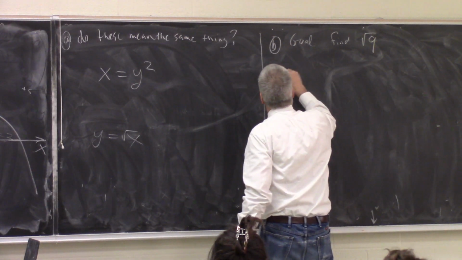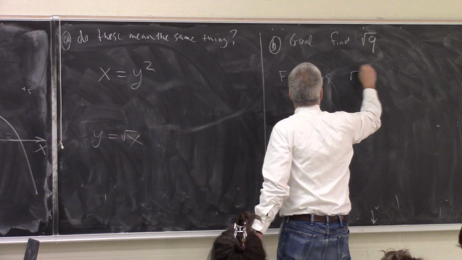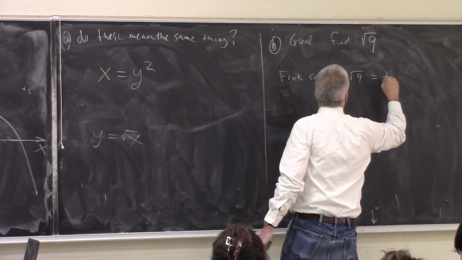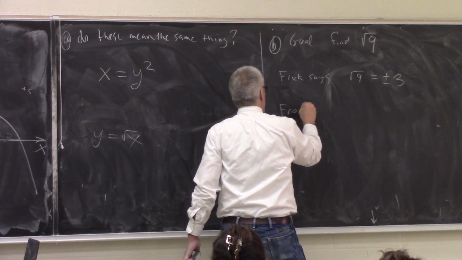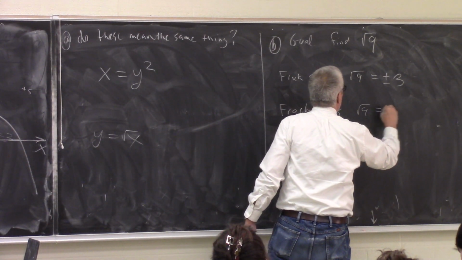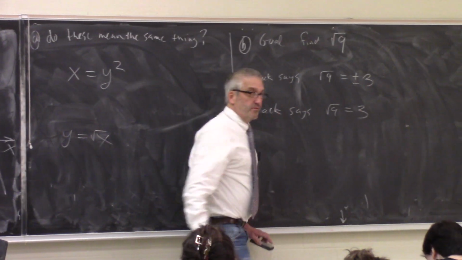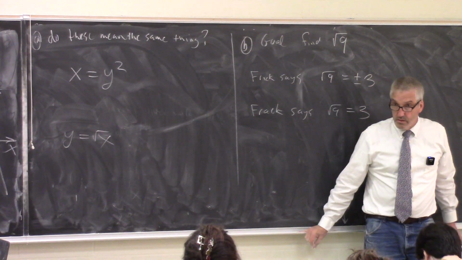So Frick says the square root of 9 is plus or minus 3. Frack says the square root of 9 equals 3. Who's right? Frick or Frack? Or are they both right?